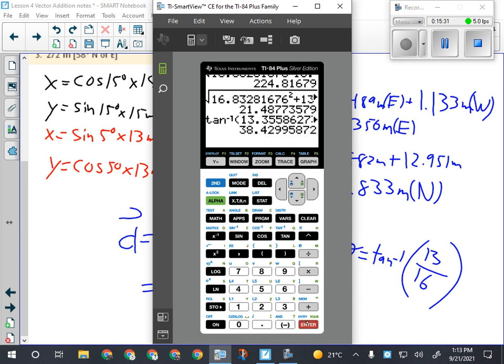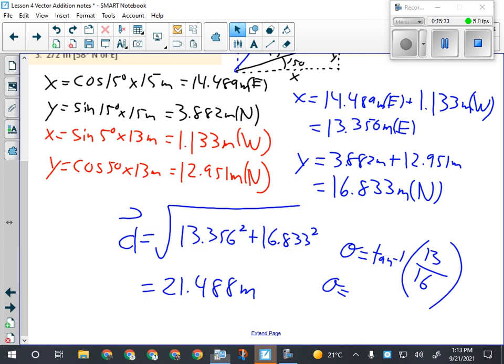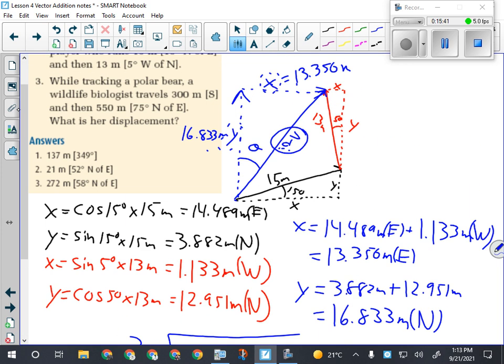All right, so I'm getting an angle of 38.43 degrees. And for me, that direction is east of north.